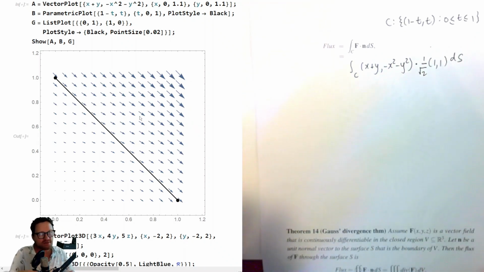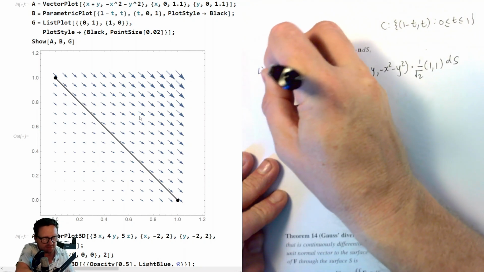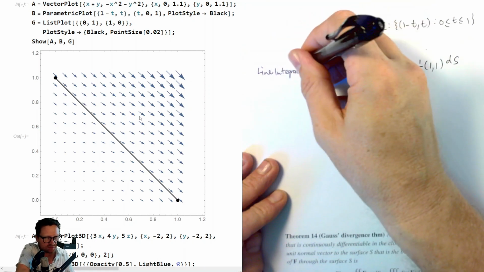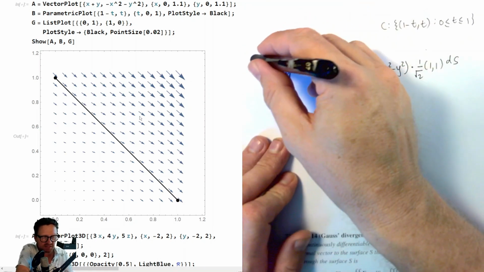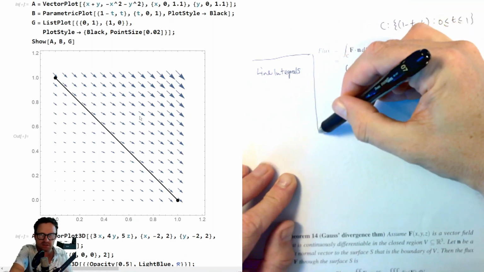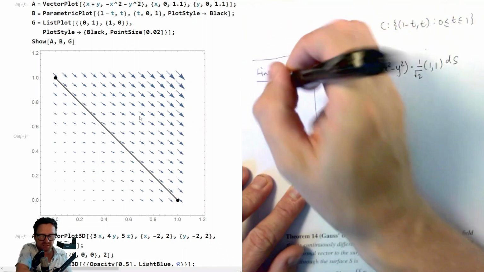Okay, now looking forward to the info on line integrals. All right, so this is referring to chapter 6. I'll put a little box around this information because this is something from future studies.